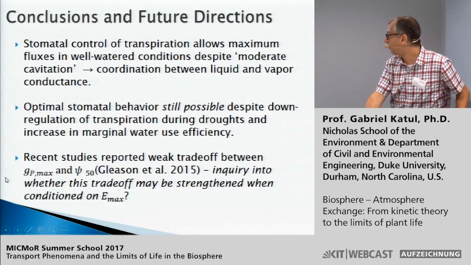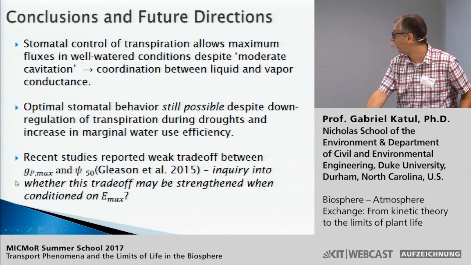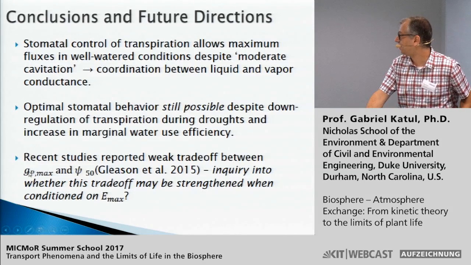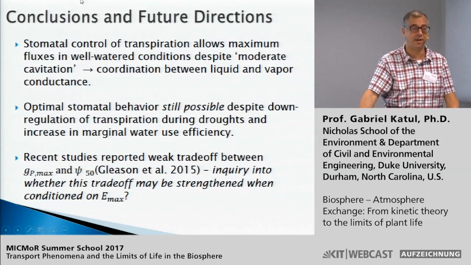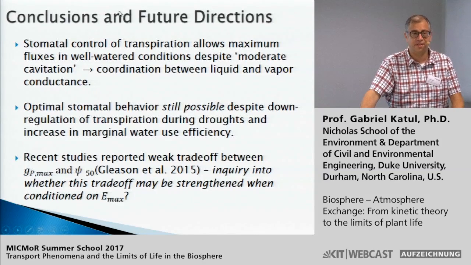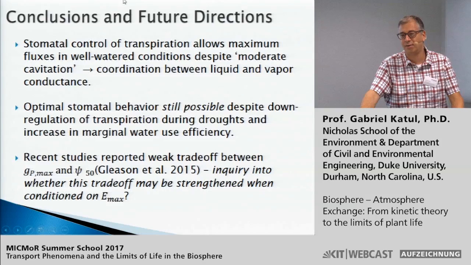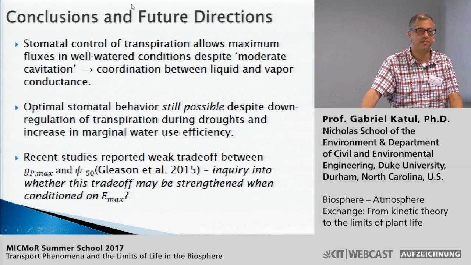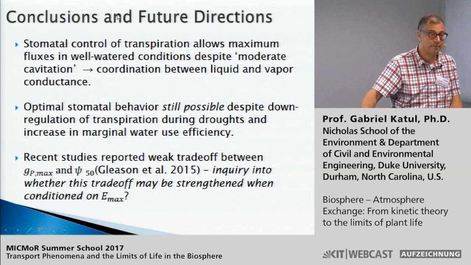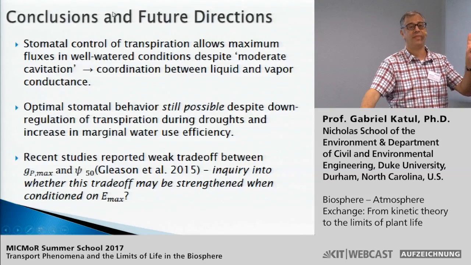Now, I should also comment on a recent paper that was published by Gleason in 2015, where they had a huge data set where they tried to find whether GP max and Psi50 are somehow correlated, and they found nothing. They conditioned the data on everything: temperature, soil, biome, species, you name it. None of these correlations popped up. They just did not do one thing.